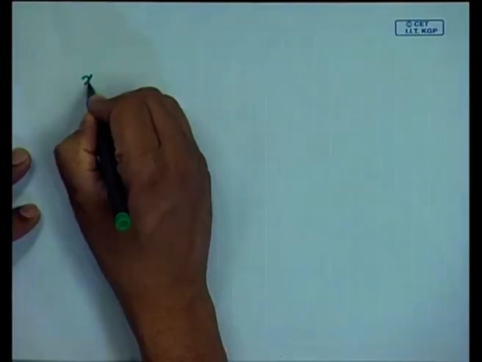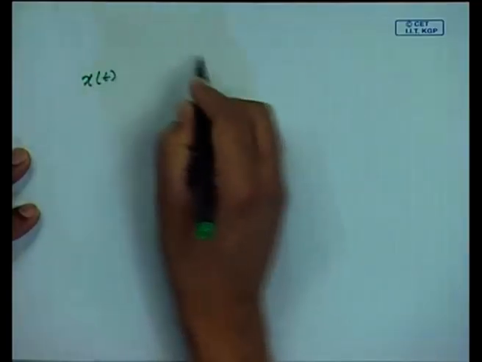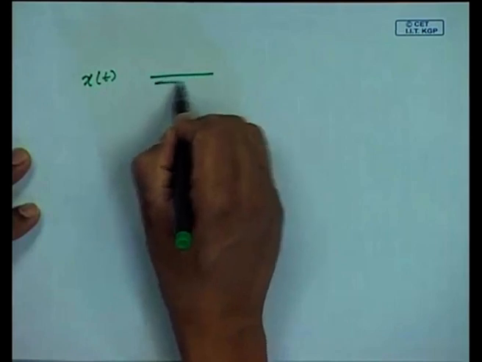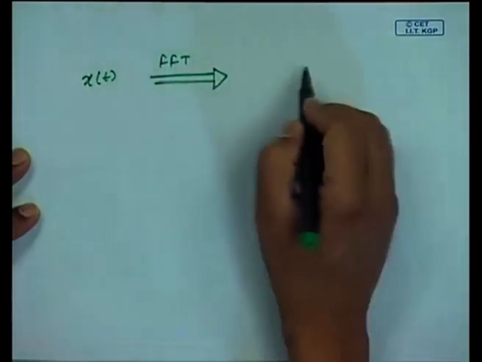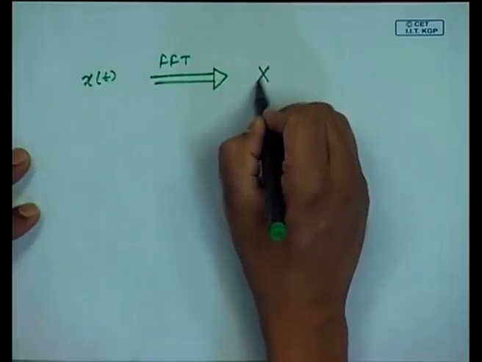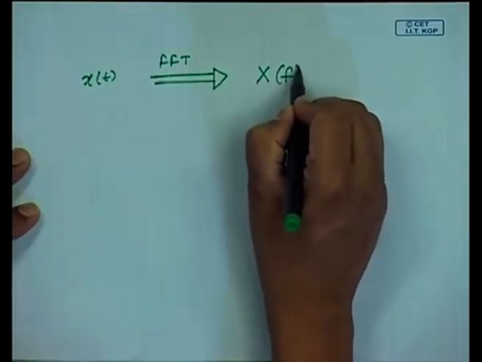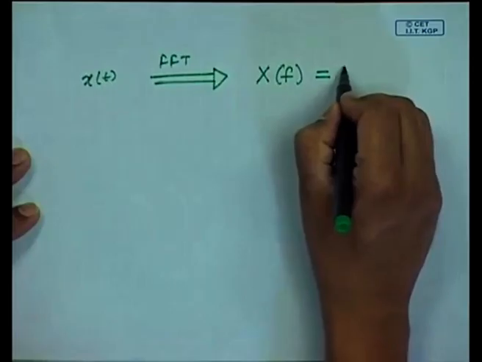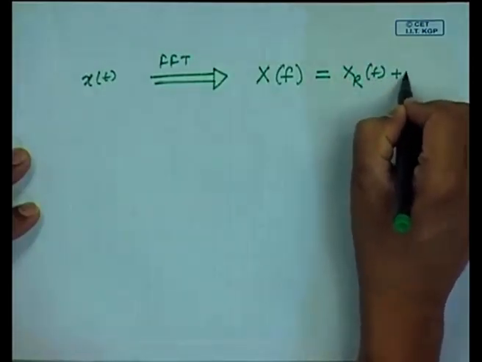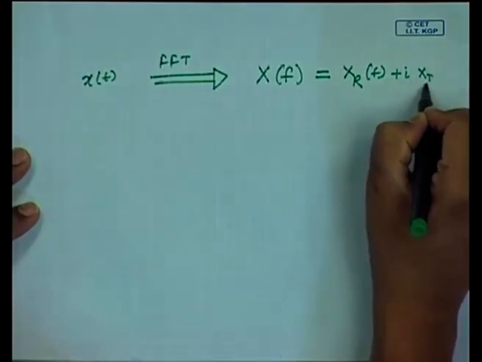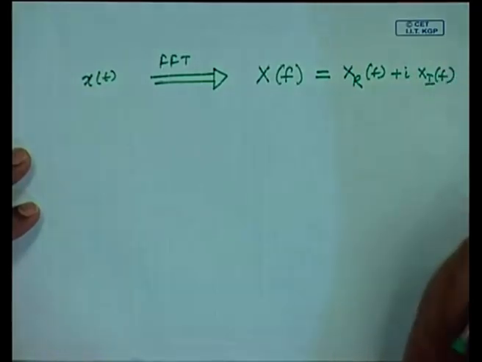Suppose I have a signal x(t). I do its Fourier transform, and I get a signal X as a function of f, which can be written as X real as a function of f plus X imaginary as a function of f.